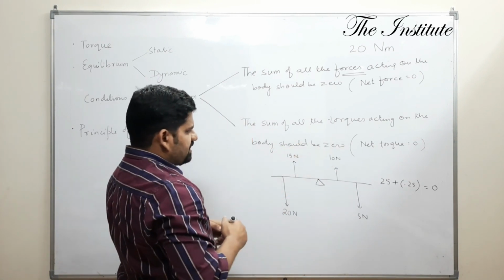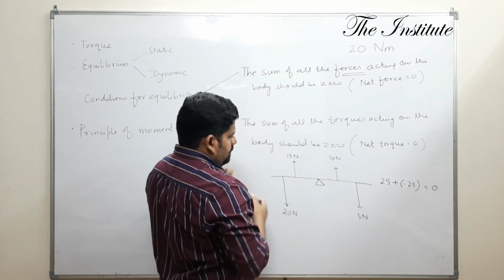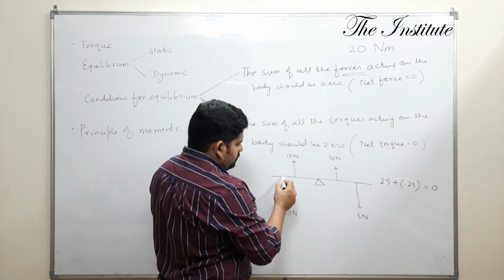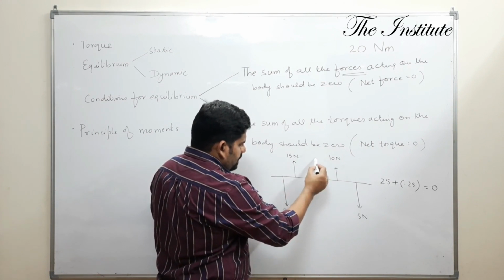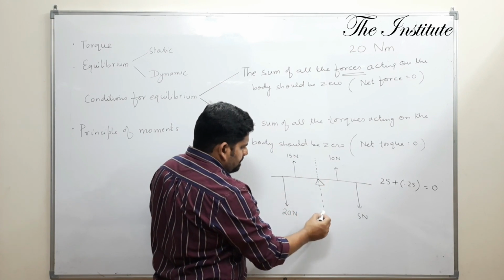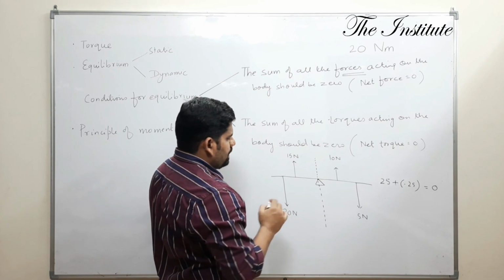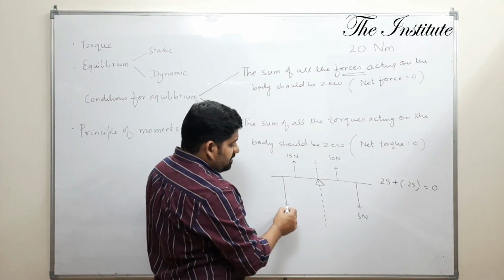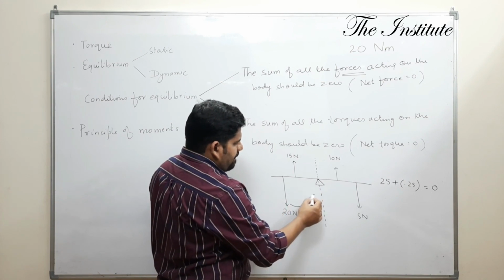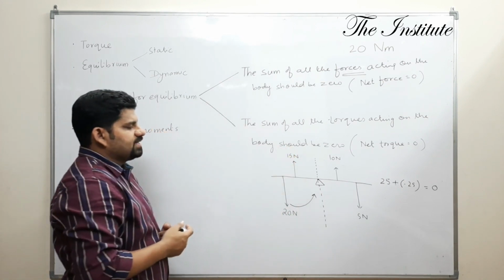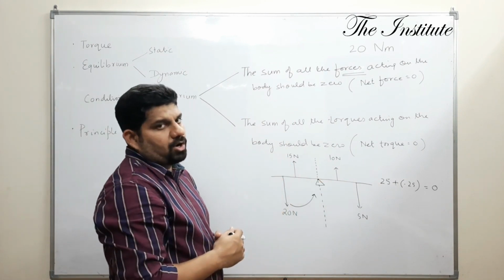Let's use the same example. So let's say the axis of rotation will always pass through the fulcrum. So this force of 20 Newton about the fulcrum you can see is giving me anti-clockwise torque.